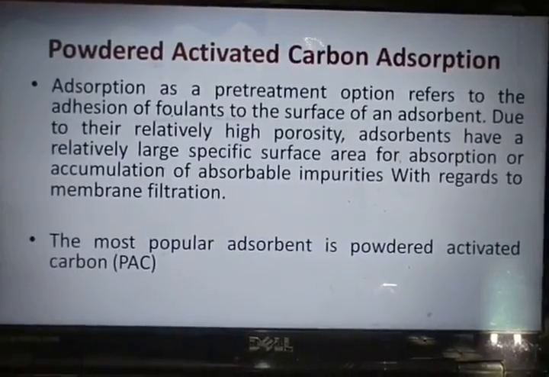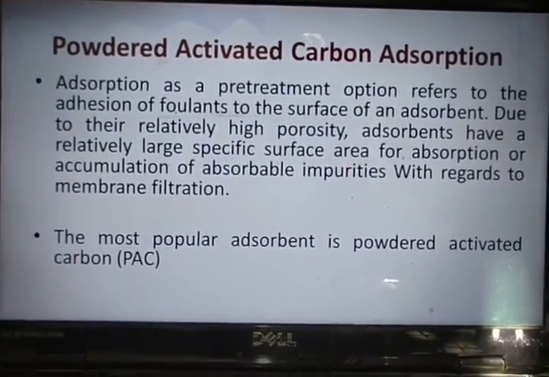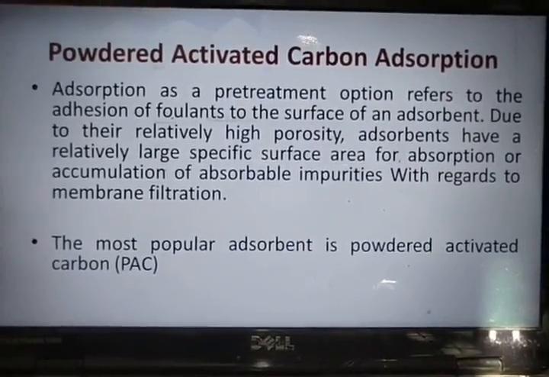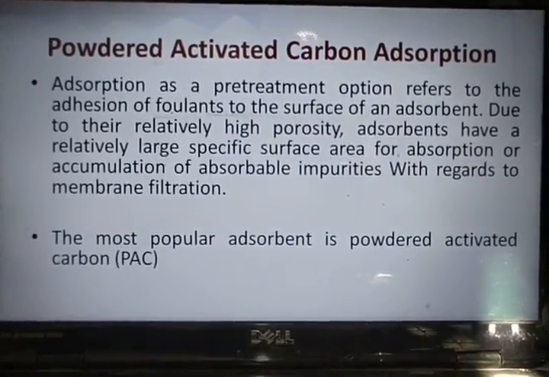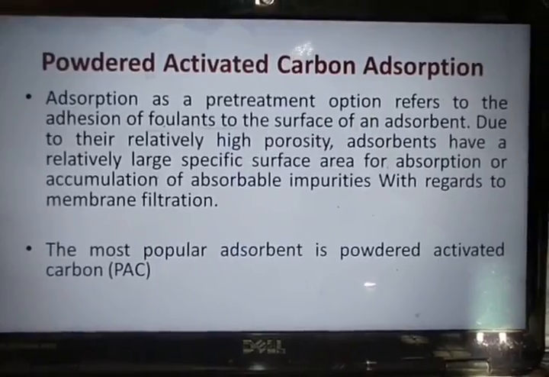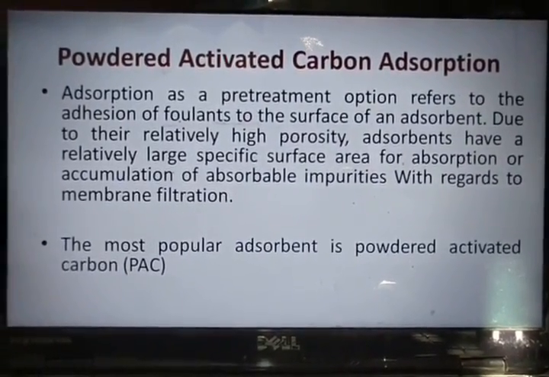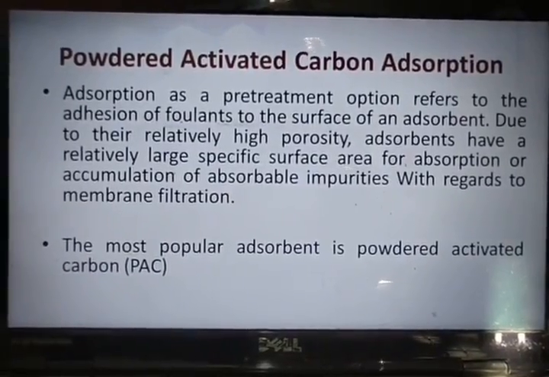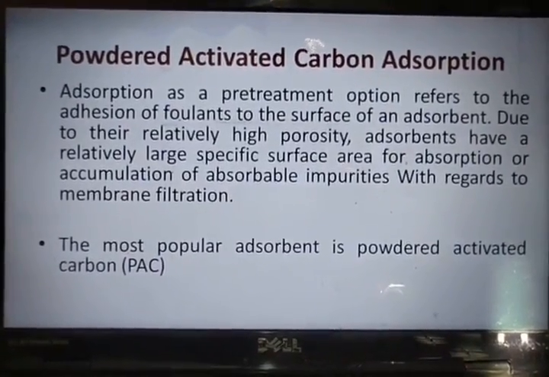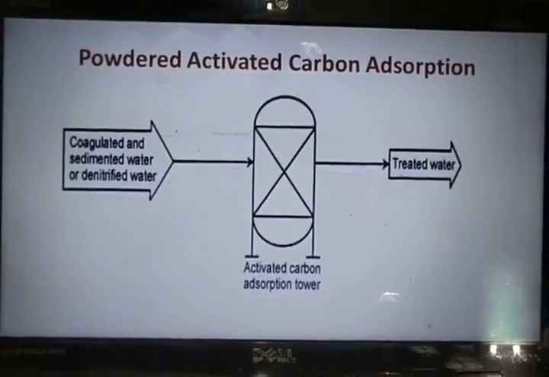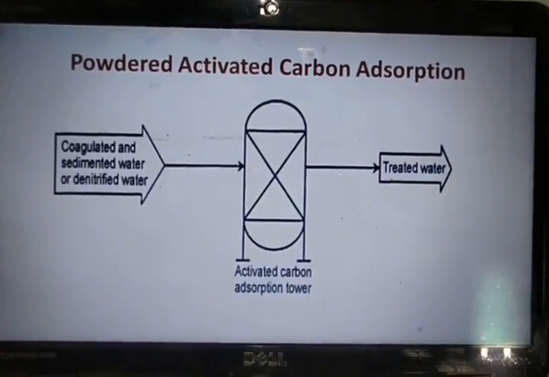Here powdered activated carbon is mostly used because it has more specific area. That is, adsorption is directly proportional to the surface area of the adsorbent. The finer the layer of adsorbent, the more efficient the adsorption. Okay, this can also be used as a pre-treatment option.